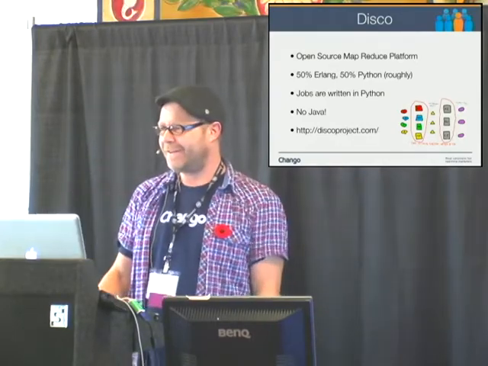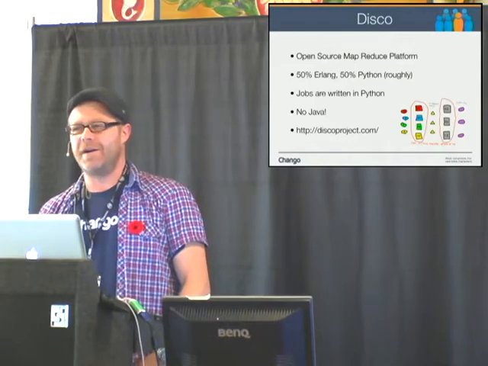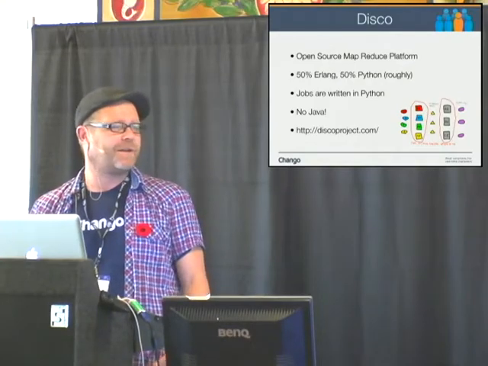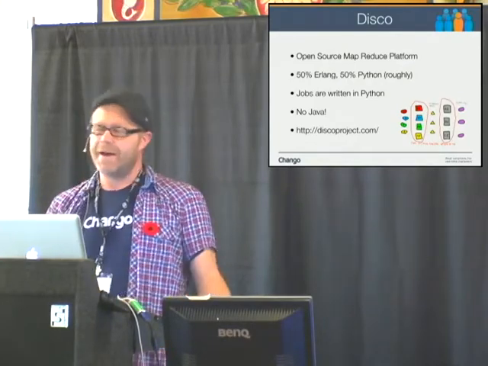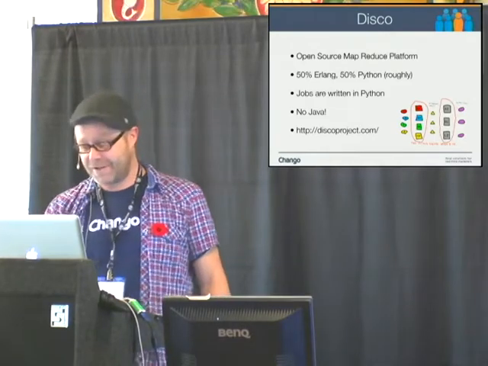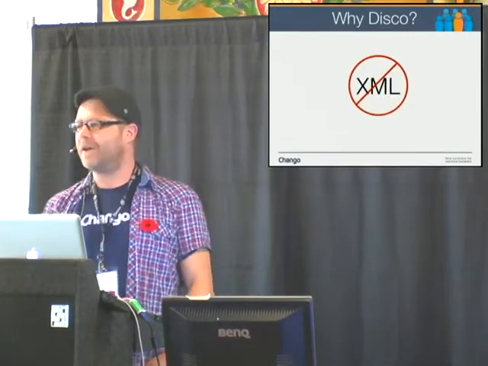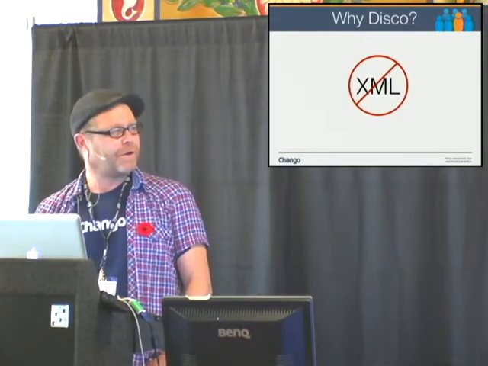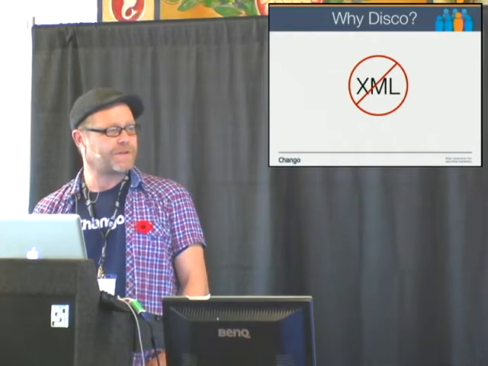There's no Java. I mean, the first question we often get is, how come you're not using Hadoop? It's a valid question. There's no XML in Erlang or in Disco.